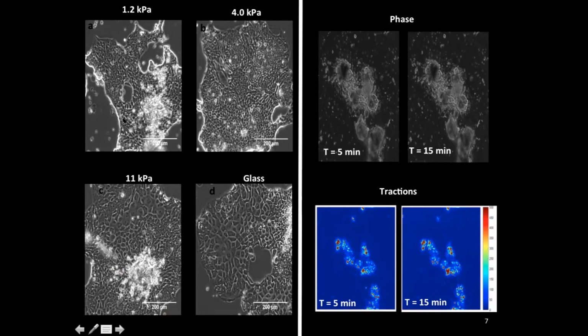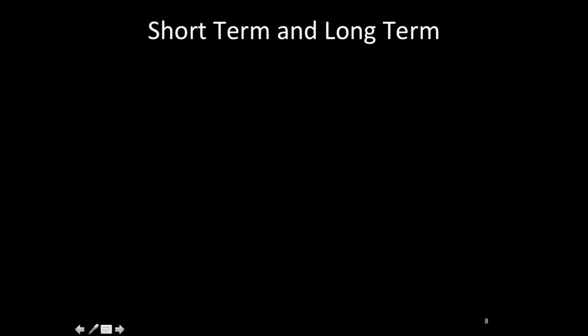And what I have on the left are just these organoids that have been planarized, spreading out on various substrates. And on the right here, we actually measured these tractions. And we're excited about this because no one has actually measured the tractions with these planarized organoids before. So that's something, a breakthrough that we're really excited about.